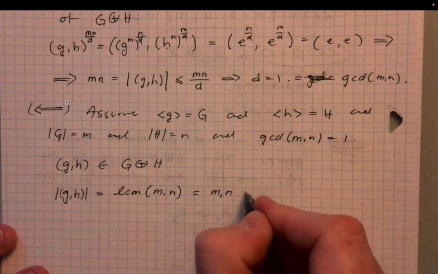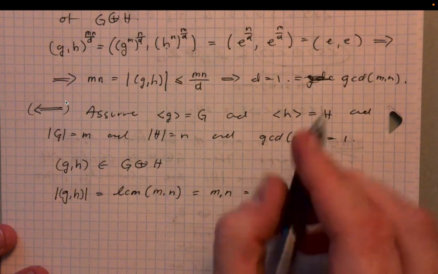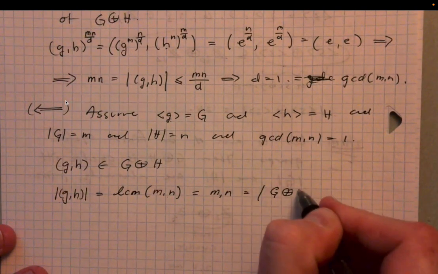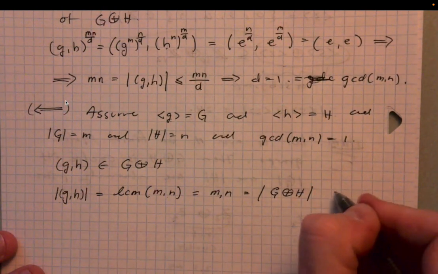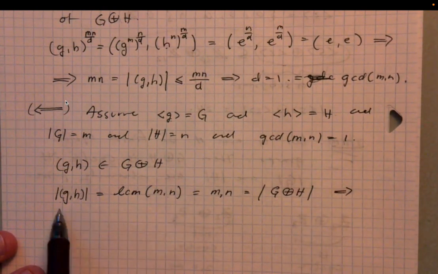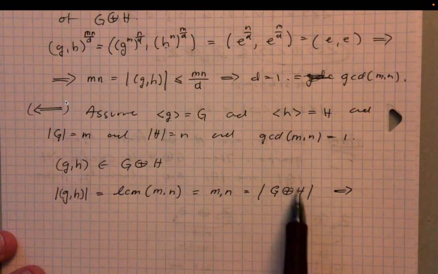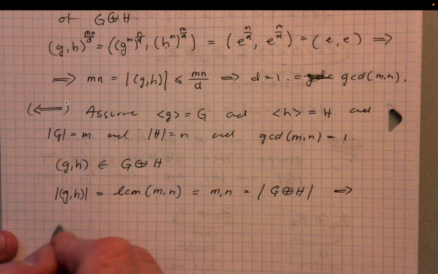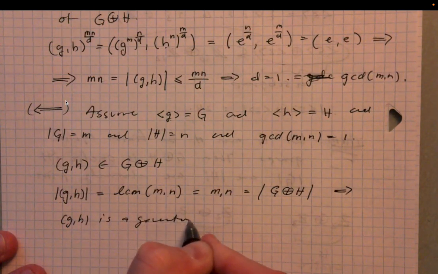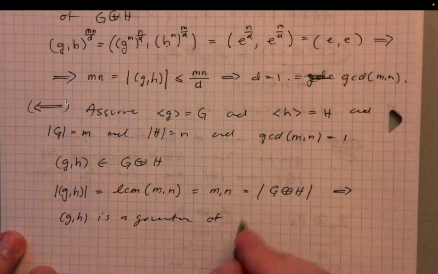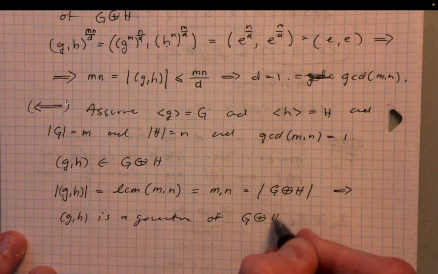And that, of course, is equal to the order of the external direct product. And so what does that imply? Well, it implies that this is a generator of the whole external direct product.